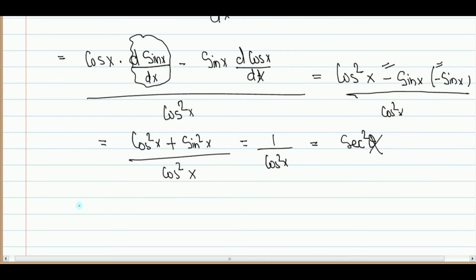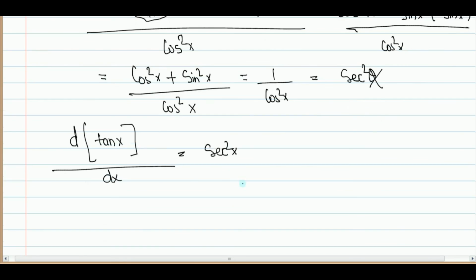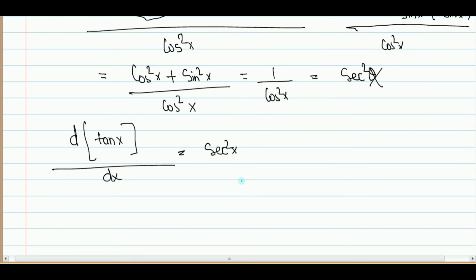Sec square x. So the differentiation of tan x with respect to x is equal to sec square x. Okay, similarly you can find it out for cot x. What you have to do? Let's say this is the assignment for you guys.